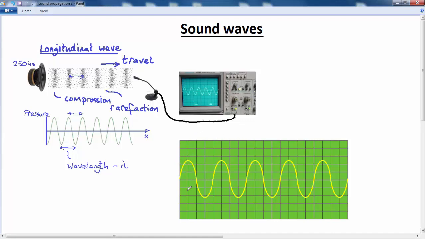Now, the oscilloscope screen, again, as I said, helps us to measure very small periods of time. Each of these little grids here represents, in this particular case, 0.001 of a second. That's to say, that's equal to 1 millisecond. So you can imagine a particle here.